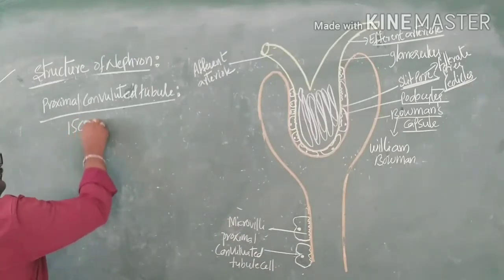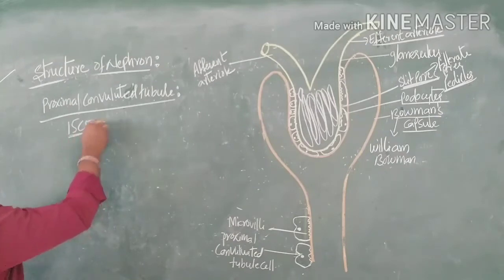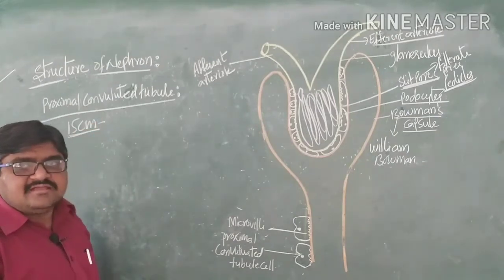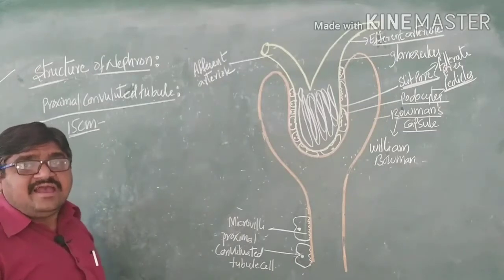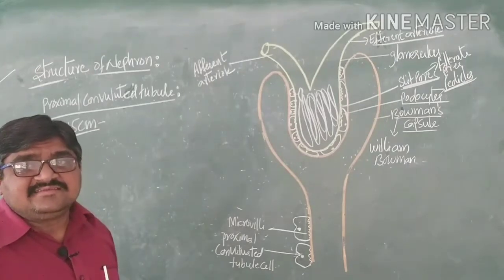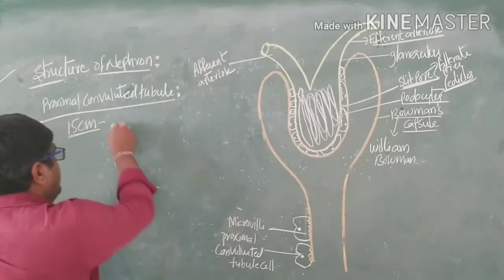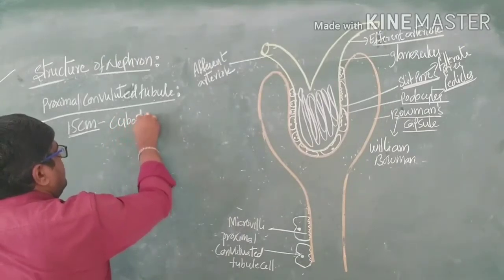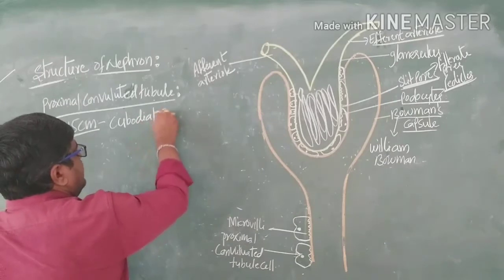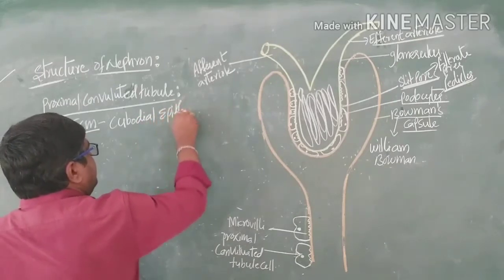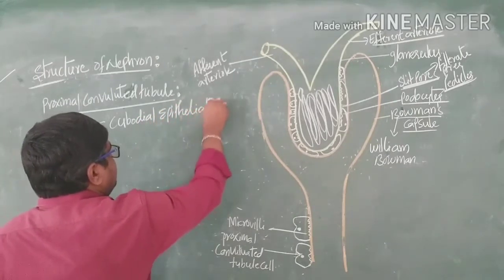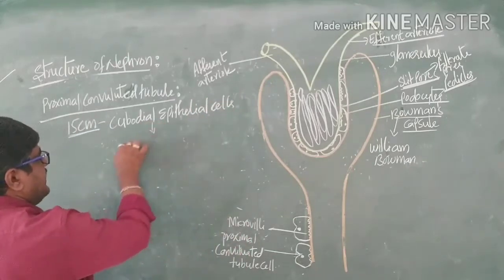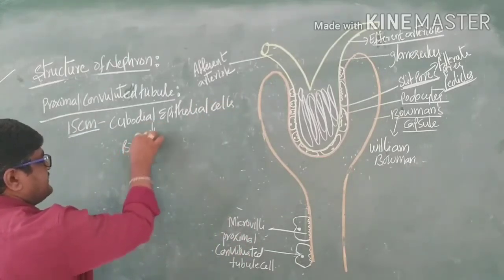The proximal convoluted tubule is made up of cuboidal epithelial cells with brush borders.